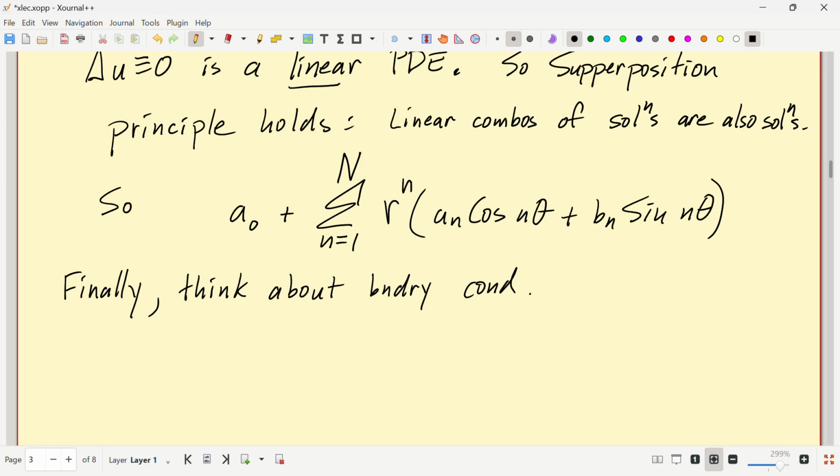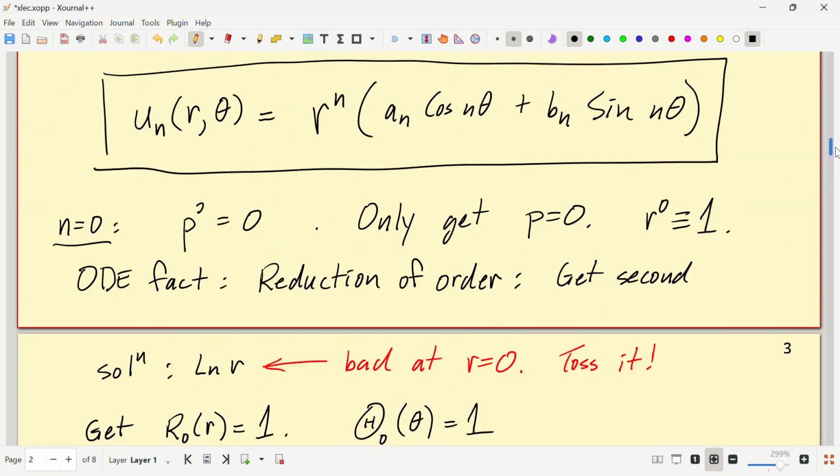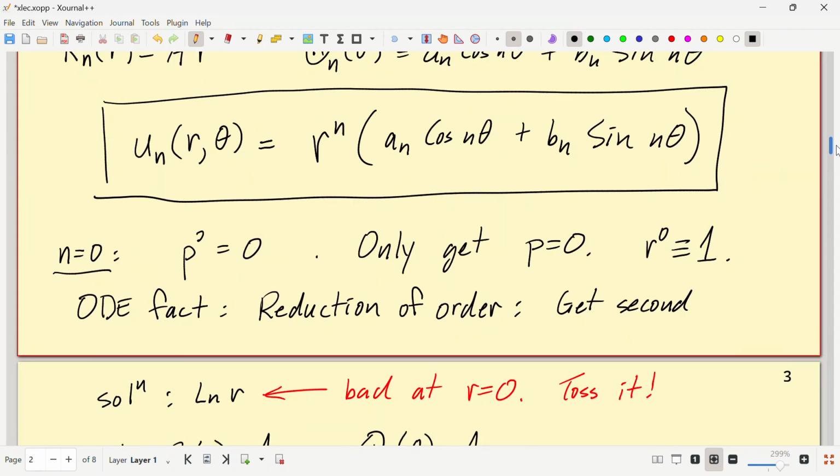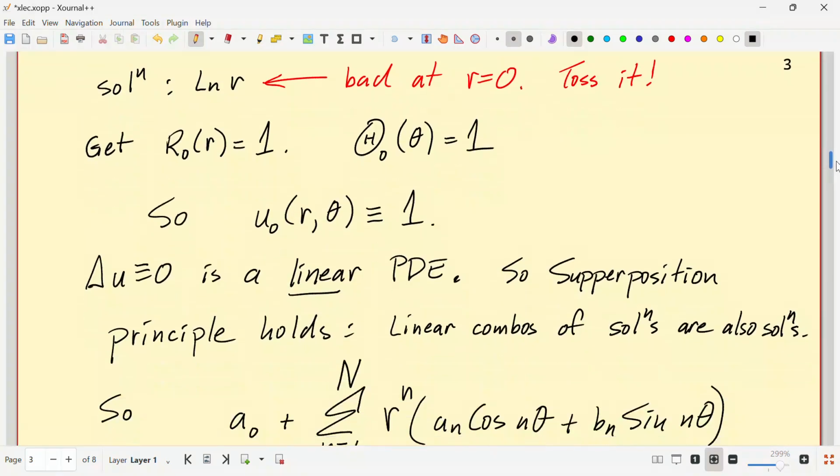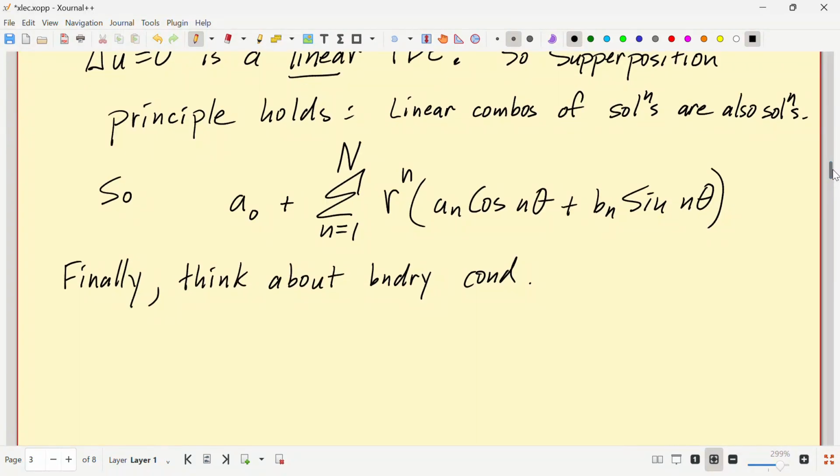Did I skip that before? No, there it is. u_n of r theta is r to the n. Okay. Finally, we think about the boundary conditions, and that's u at 1 theta. That's just a partial sum of a Fourier series.